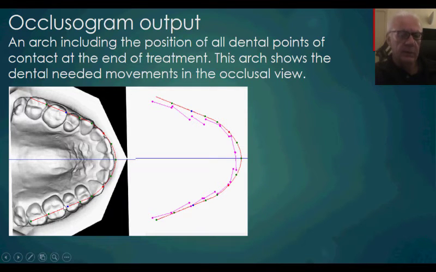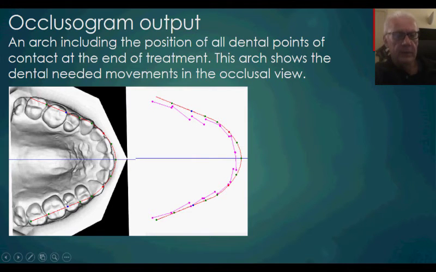So this means that the first molar here on the left is going to be expanded and a little bit mesialized. Just remember that this line of the arch should be passing through the central groove of the posterior teeth.